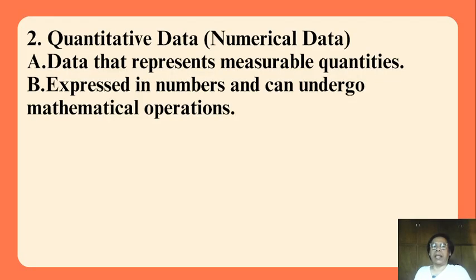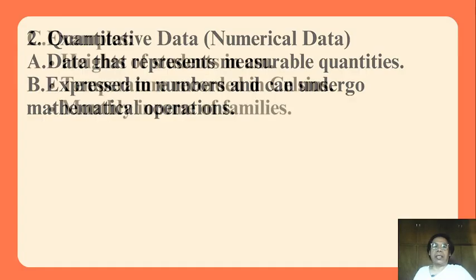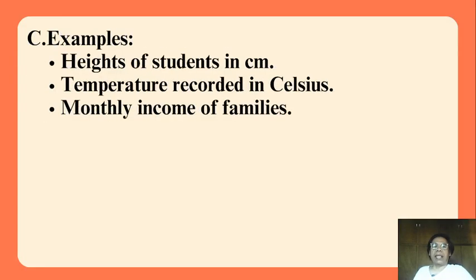These are expressed in numbers and can undergo mathematical operations. And then examples, heights of students in centimeters, temperatures recorded in Celsius, monthly income of families. So these are examples of numerical data or what we call quantitative data.